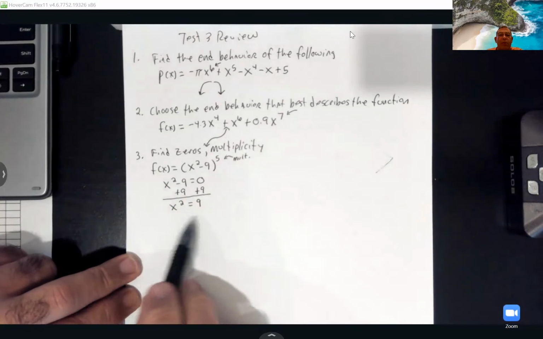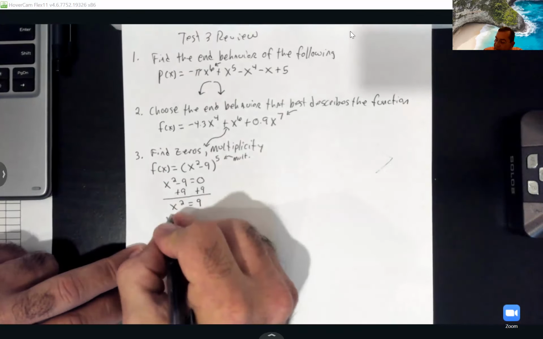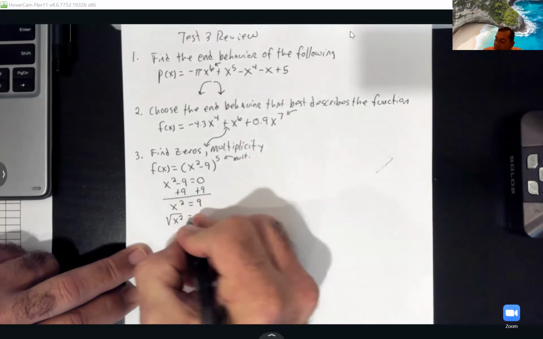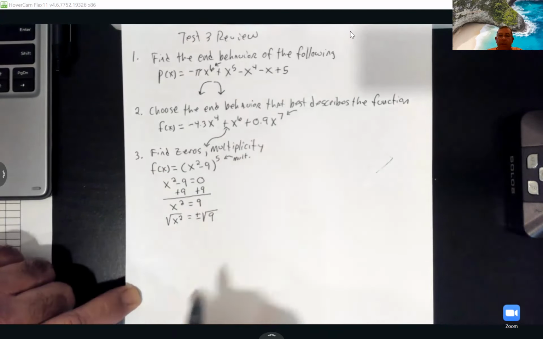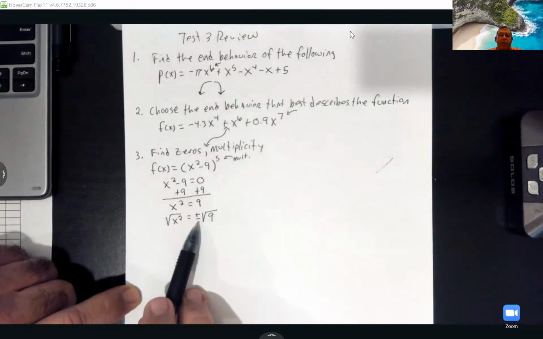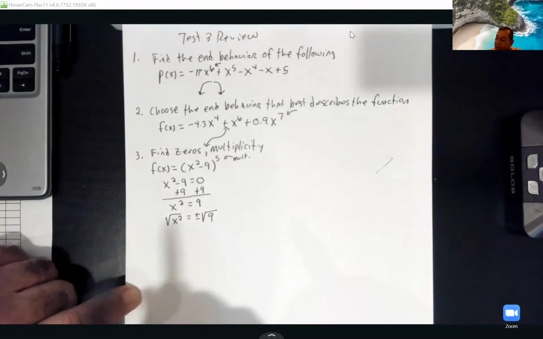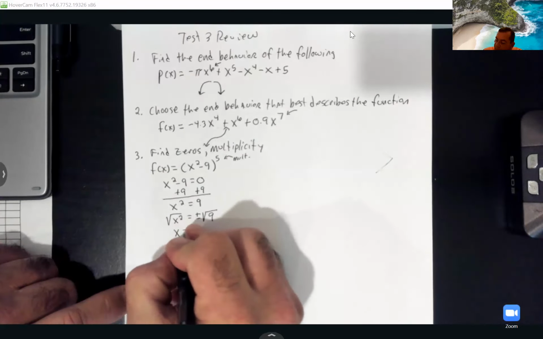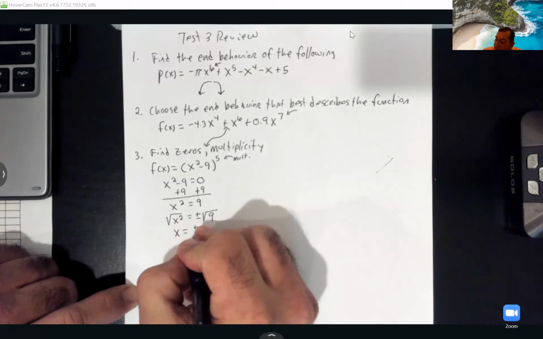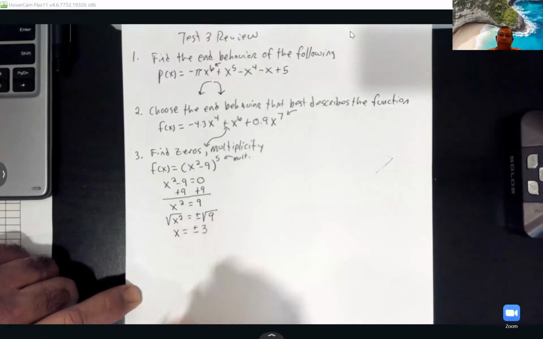Then I'm going to do the square roots to both sides. Now, since I'm taking the square root of a number, I'm going to use the plus or minus to represent both answers so that I get x equals plus or minus 3.